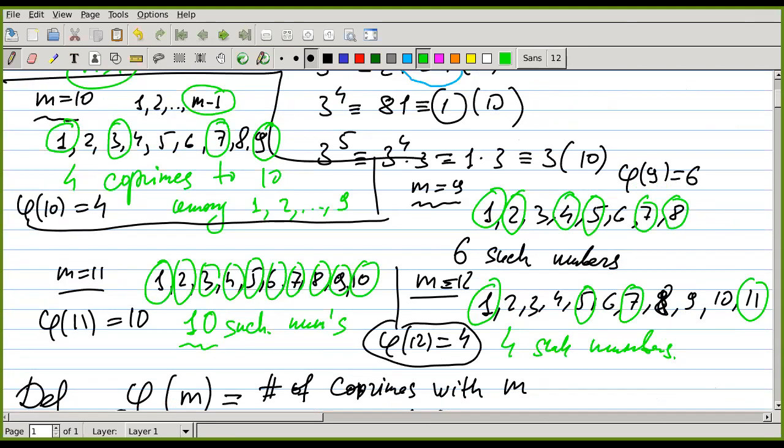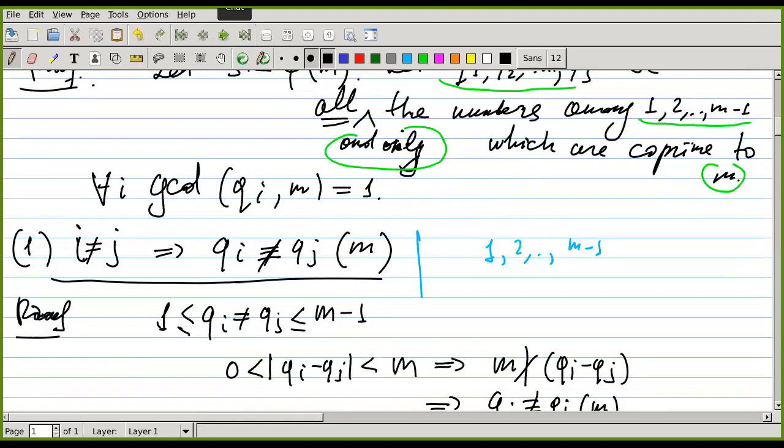So, for example, for m being equal to, say, 12, Q1 may be 1, Q2 may be 5, Q3 is 7, and Q4 is 11. Is it clear? Yes, thank you.